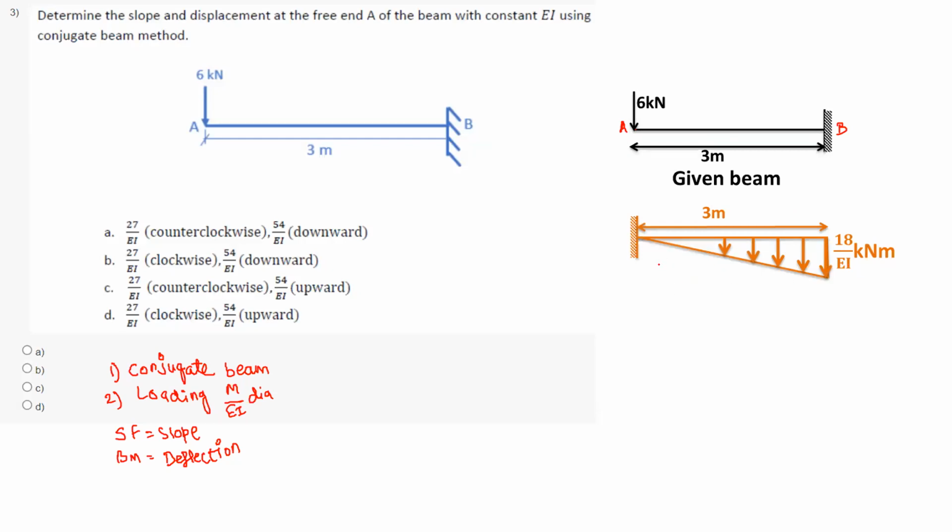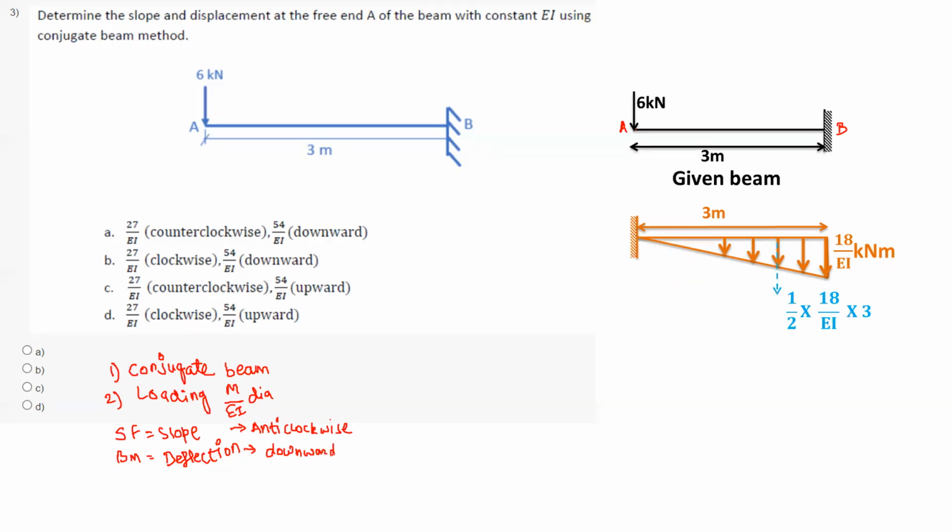Now we are interested to find slope and displacement. If slope is positive, then we have anti-clockwise. And if bending moment is anti-clockwise, then deflection is downward.